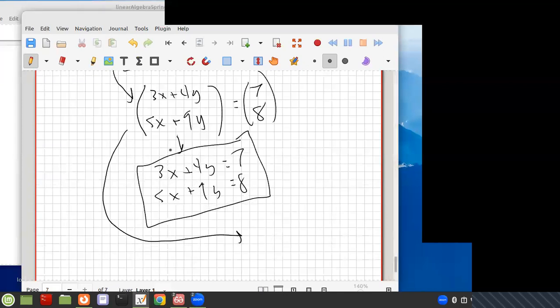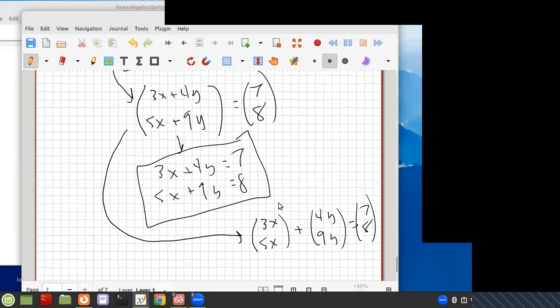I could say, well, this is the sum of two vectors, right? 3x, 5x plus 4y, 9y equals 7, 8. See, this is a sum of the x terms and y terms, so I could undo this vector with this matrix sum by decomposing it this way.